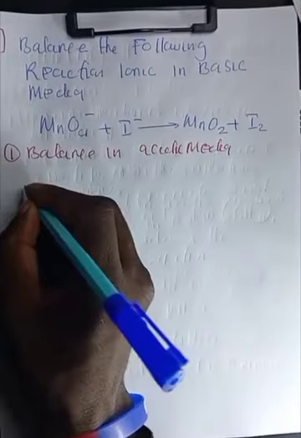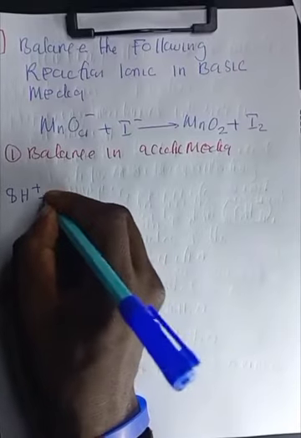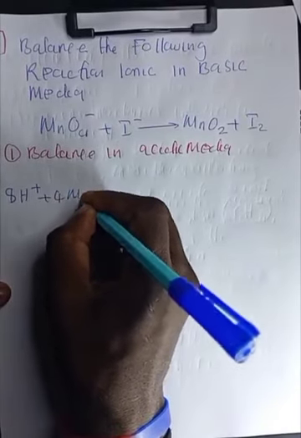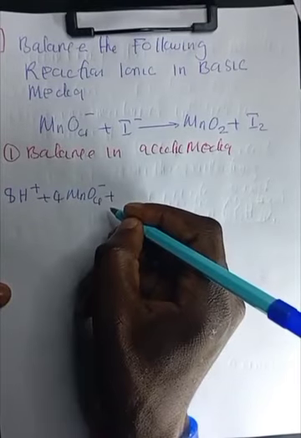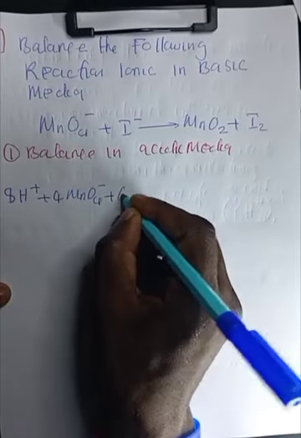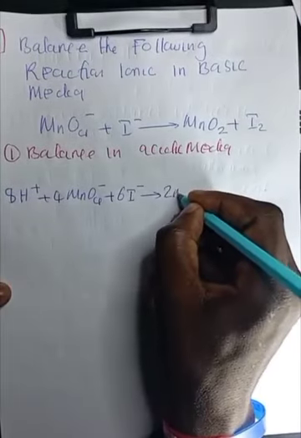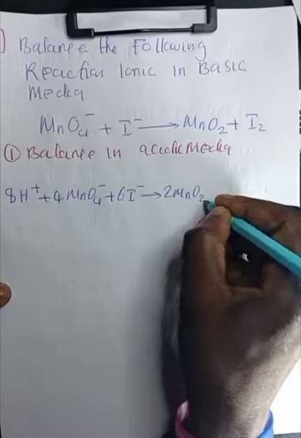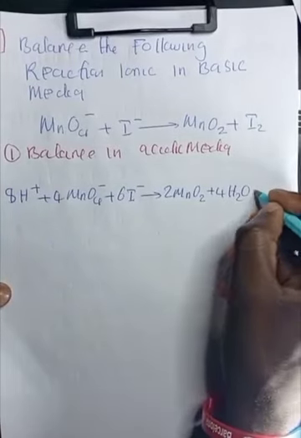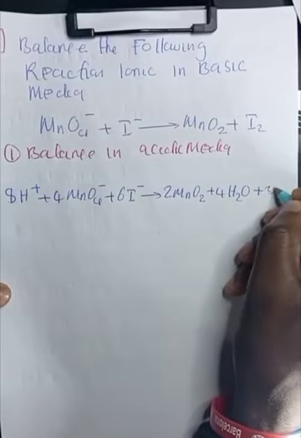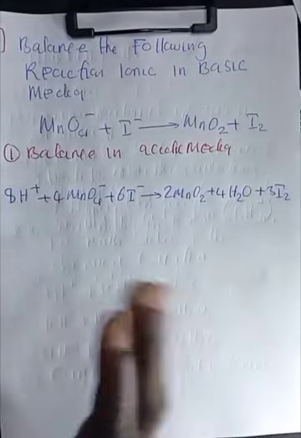The balanced one was 8 hydrogen ions, plus 4 MnO4 minus, plus 6 I minus, producing 2 MnO2, plus 4 H2O, plus 3 I2. So this was the balanced equation in acidic media.